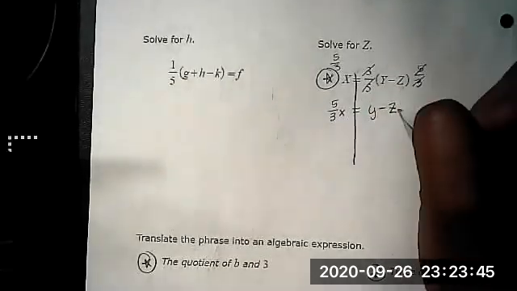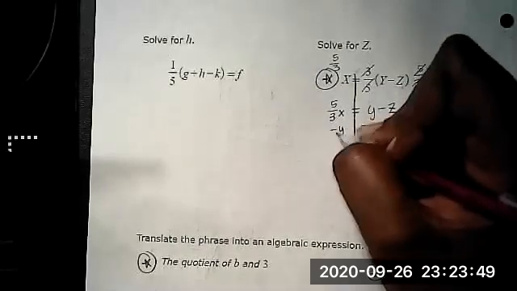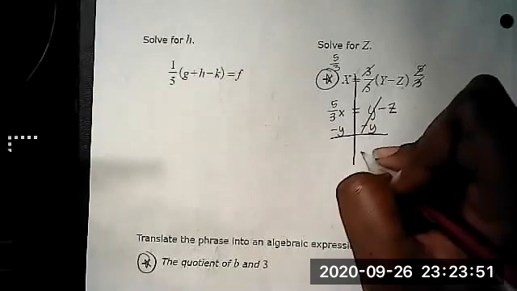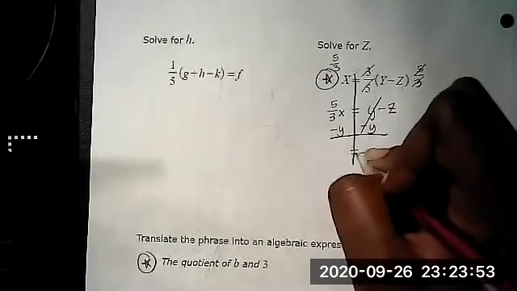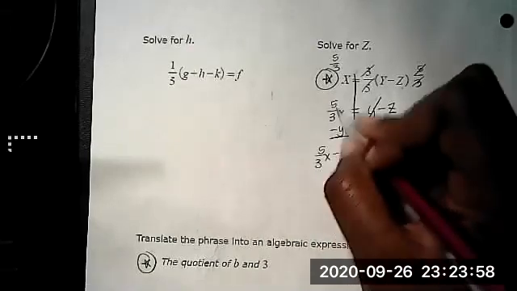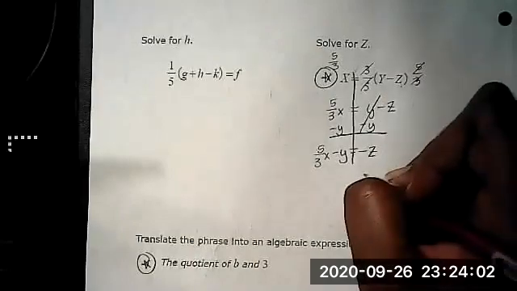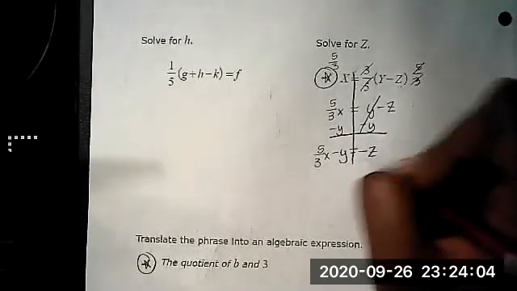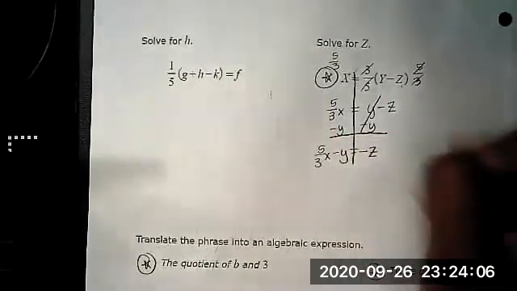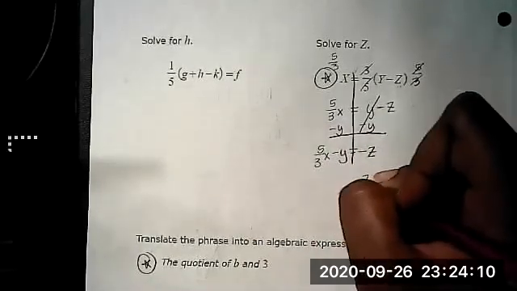And we want z by itself. This y is positive, so I'm going to subtract it. So now you actually have negative z equals 5 over 3x minus y. I'm just putting them beside each other. But I want z by itself without the minus. What they're going to probably ask you to do now is multiply both sides by -1, but I would just change the sign of that z.